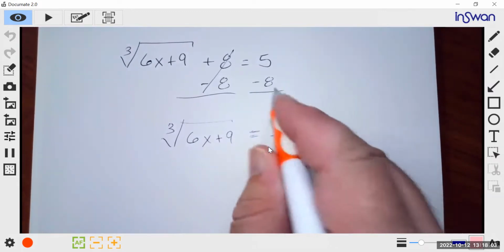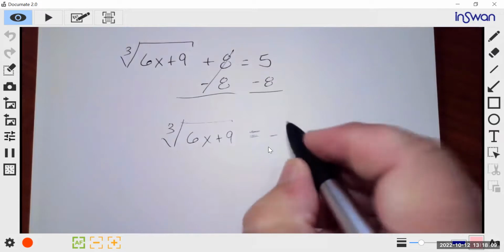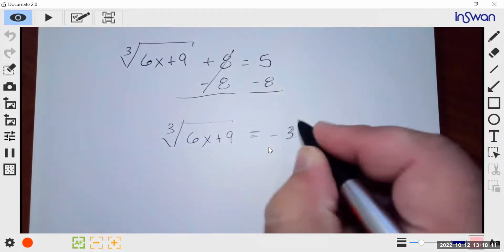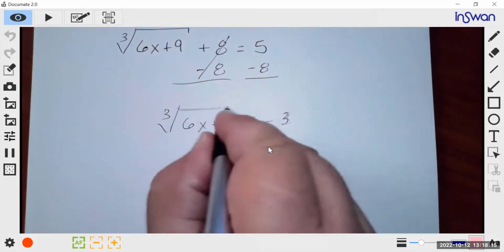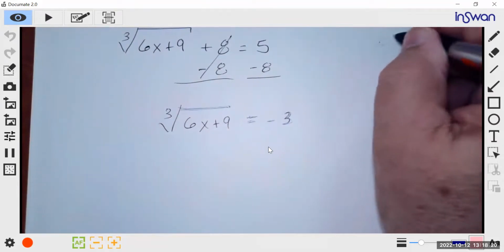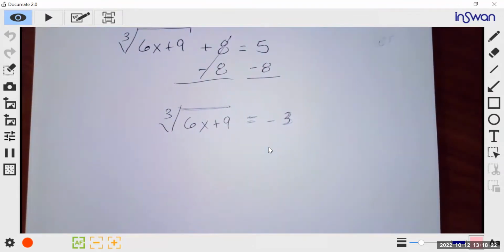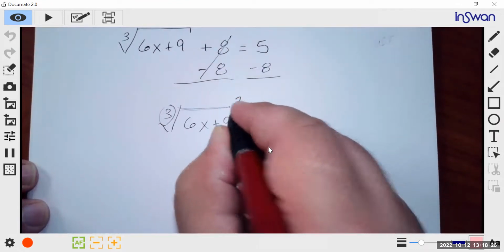It's negative. 8 minus 5 is 3. What do you do next? Cube it. Why cube it? Because there's a cube right there. So we have to cube both sides.